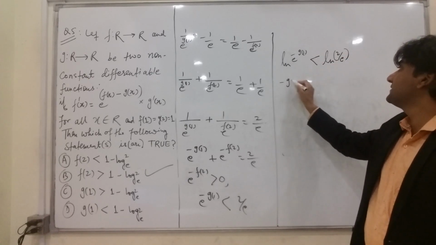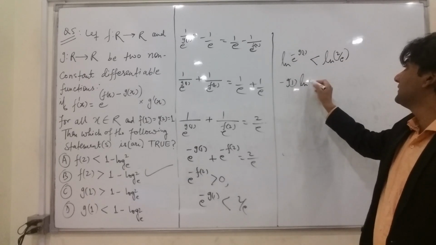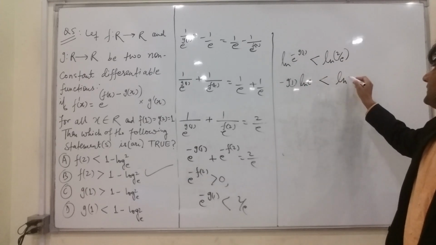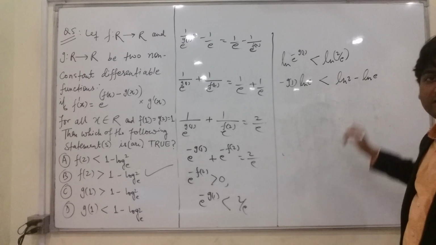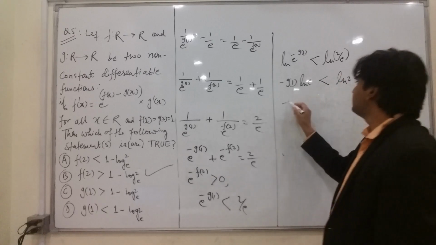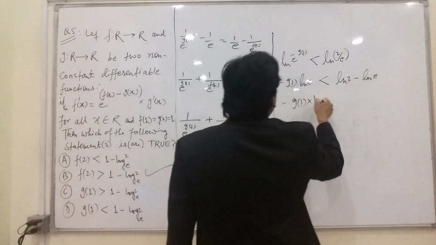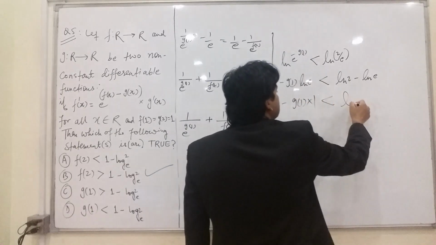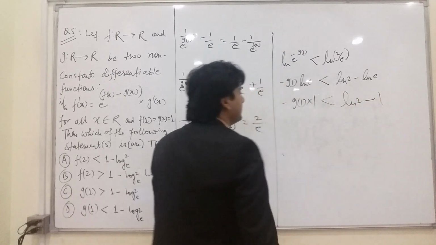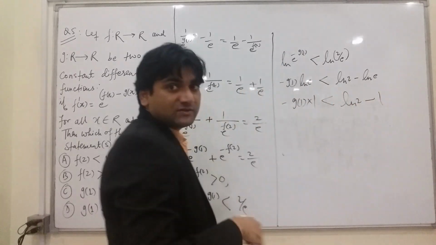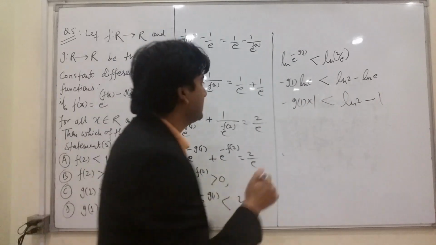So this is minus g1 ln e less than ln 2 minus ln e, and this is minus g1, ln e means 1, this is ln 2, ln e means 1 again.